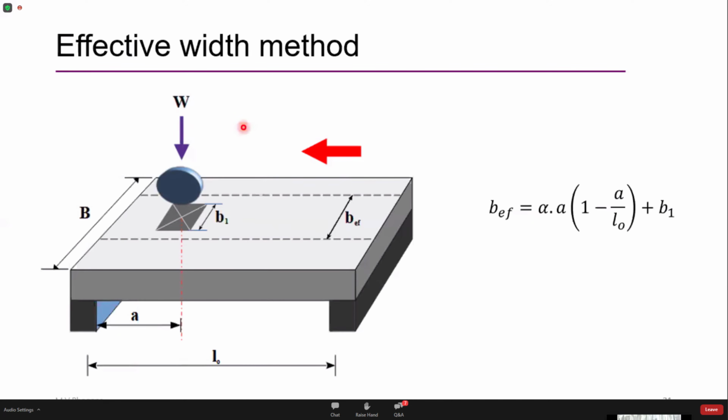Here I've used some more terminologies. For example, this is B1. This B1 is the dispersion through the wearing coat, which I'll be showing in the next slide.